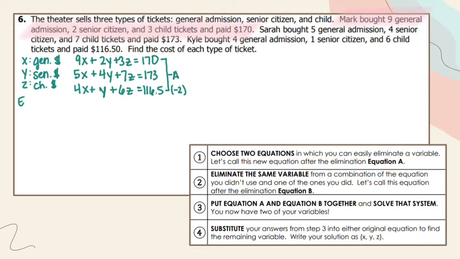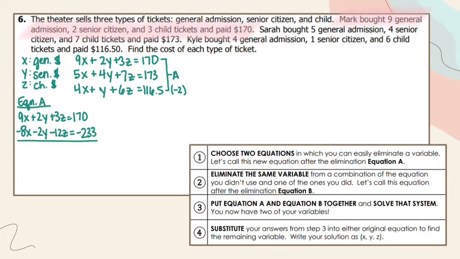So here is our work for equation A. We have 9x plus 2y plus 3z equals 170. And remember, we're multiplying the other equation by -2. So -8x minus 2y minus 12z equals -233.